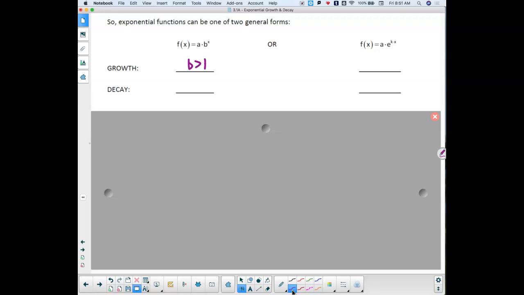Today, we're just saying k has to be positive. Yesterday, if it was a decay function, we had a range. Today, we're just saying k's got to be negative.